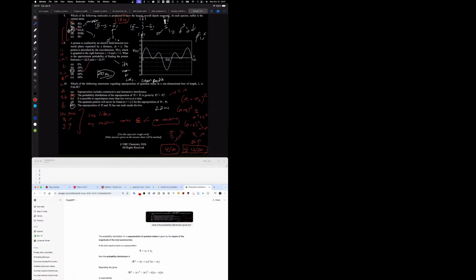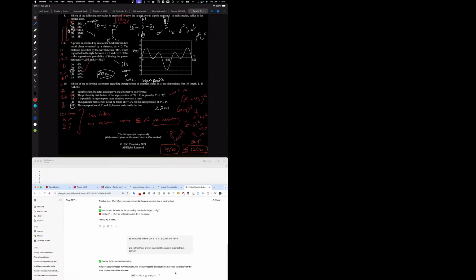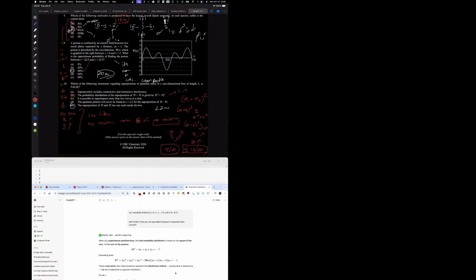So it would be of form A plus B plus C plus ... squared, not a squared plus b squared. And further, those are not equivalent because of exponent laws. Correct? All right. Okay, thanks for the glazing.